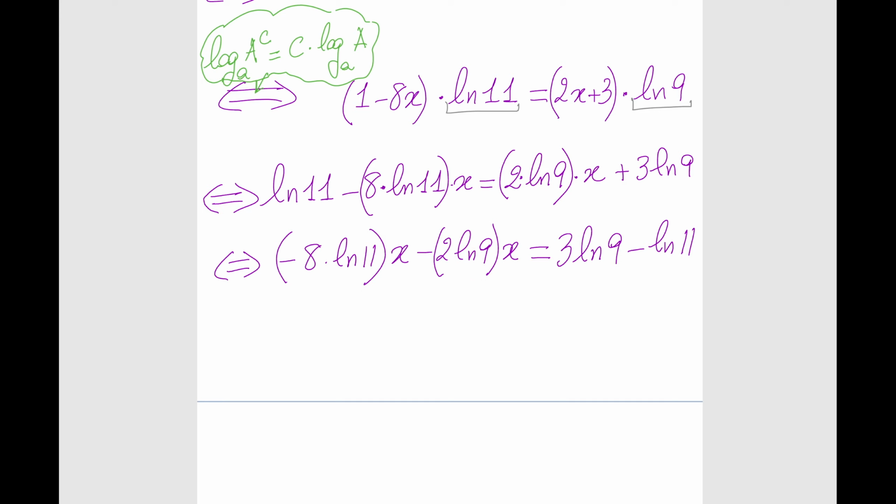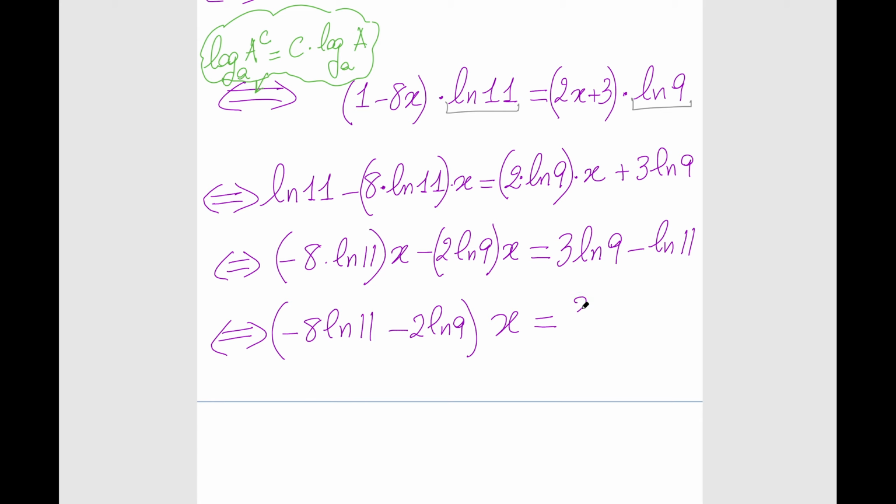I'm going to factor out the x, and get minus 8 ln of 11 minus 2 ln of 9. I mean, if you divide this guy by x, which means factor out x, you get simply this quotient, right? Which is minus 8 ln of 11, and minus 2 ln of 9 if you do the same for the second term.